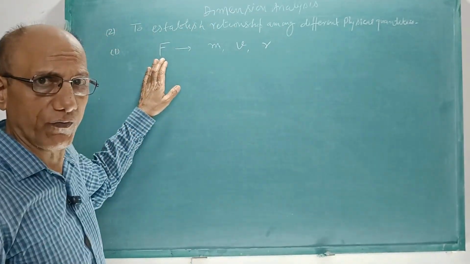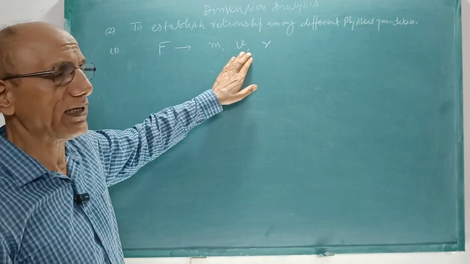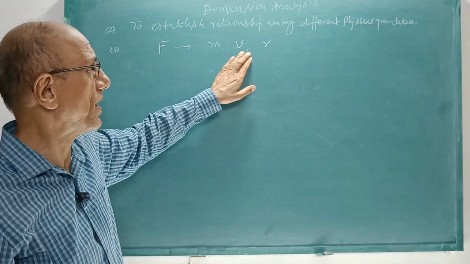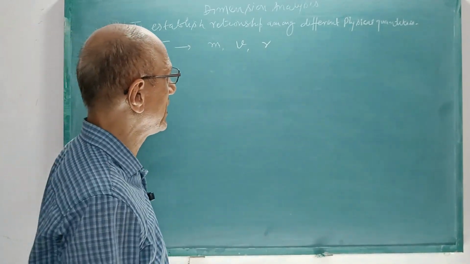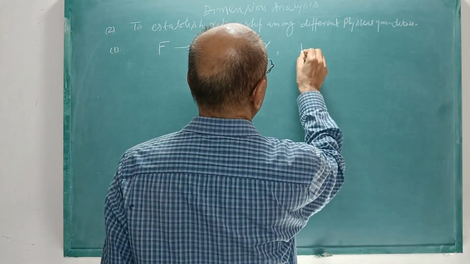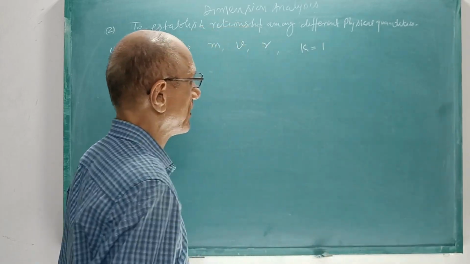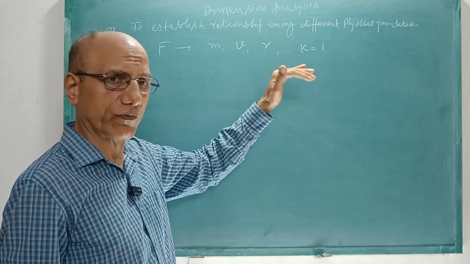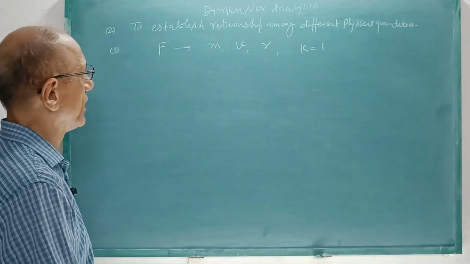This is the centripetal force, this is the mass, this is the velocity with which the body is moving on a circular path, and r is the radius of the circular path. And here the constant k is 1. Sometimes this constant will be given to you. So I am just explaining how to follow these steps, okay?